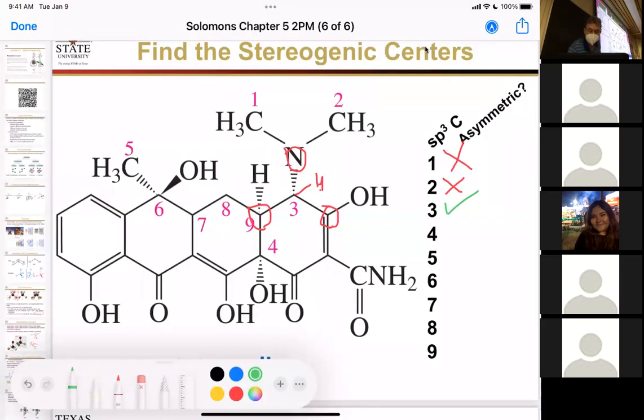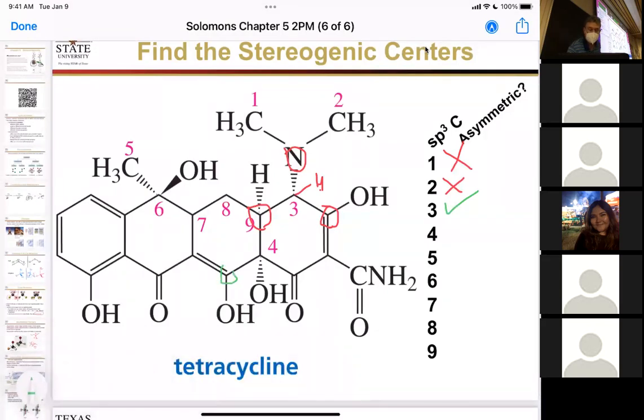We have a carbon with a double bond and an oxygen. Oh, wait, they're different though. On one of them, it's double bonded to a carbon, and one of them, it's double bonded to an oxygen. So these are different carbons. We have an OH and then another different kind of carbon over here. So that's 4 kinds of carbons. So 4 is a chiral center.